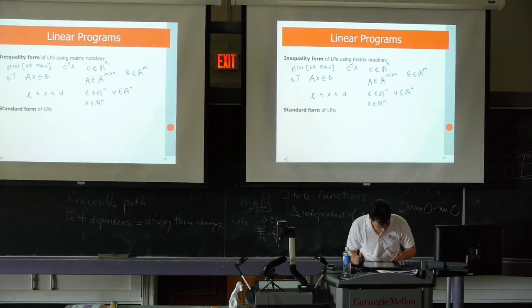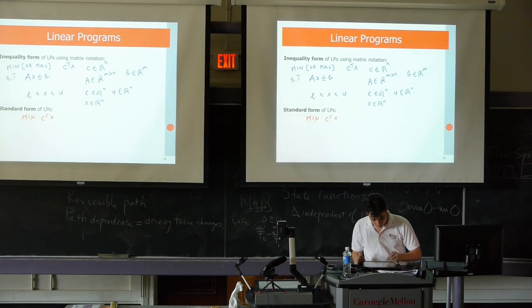And the standard form of linear programs is that we want to minimize. So in standard form, we always want to minimize C transpose X, where again C is in the n-dimensional Euclidean space, such that A times X equals B. So it's strict, not an inequality, it's an equation. And we have the other constraint, that X is non-negative.